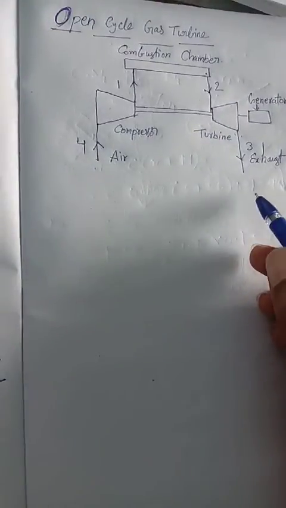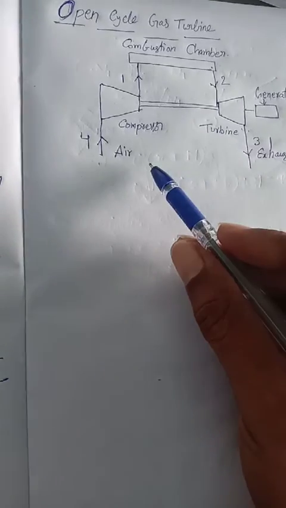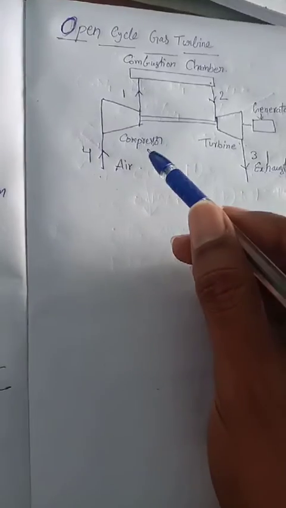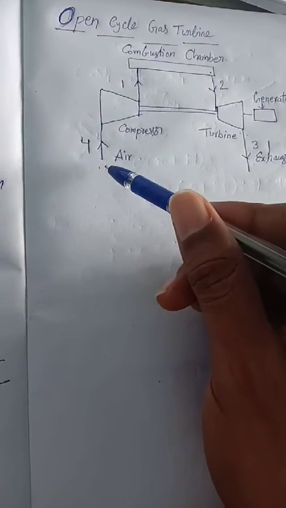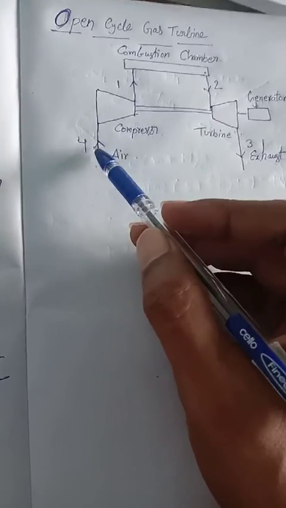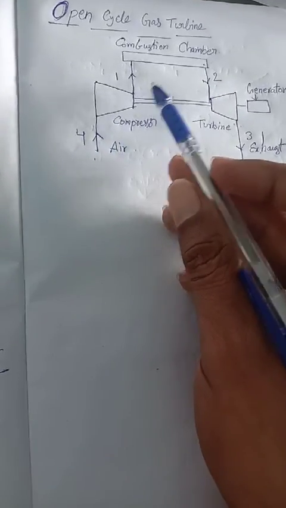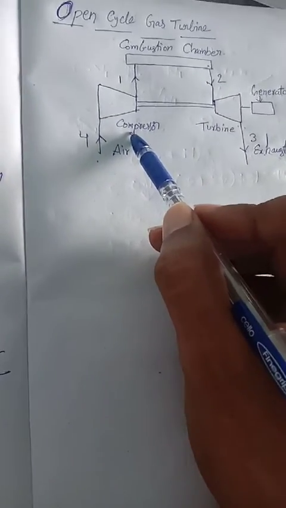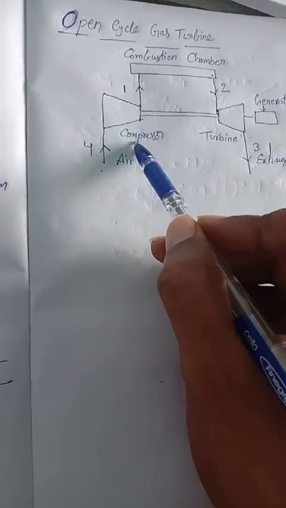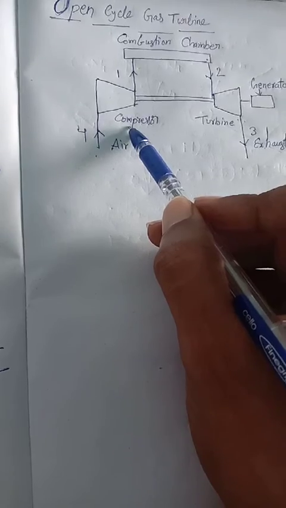an open cycle gas turbine is also called a continuous combustion gas turbine. Why? Because we are sending atmospheric air at atmospheric pressure continuously to the compressor. So that's why we call this a continuous combustion gas turbine.